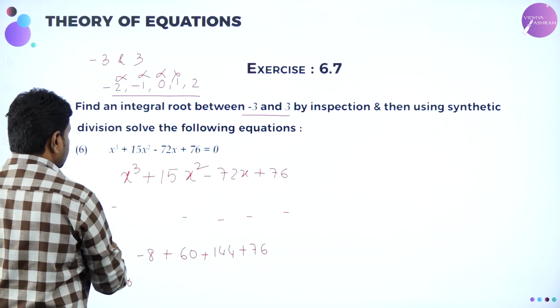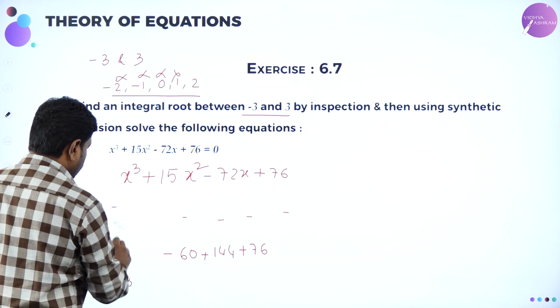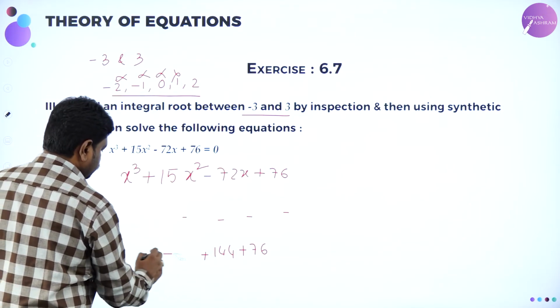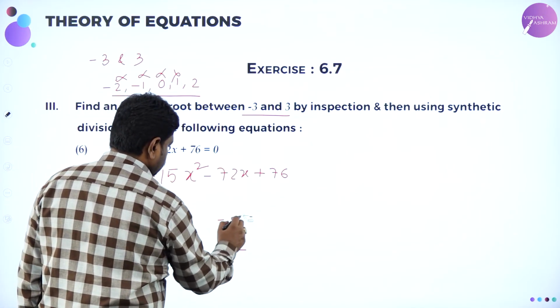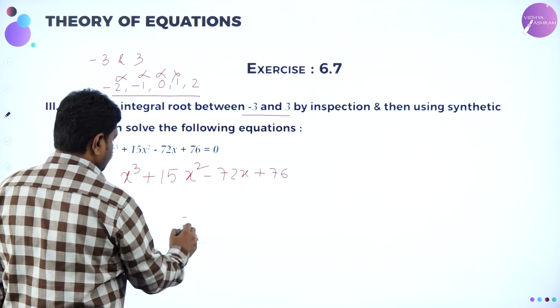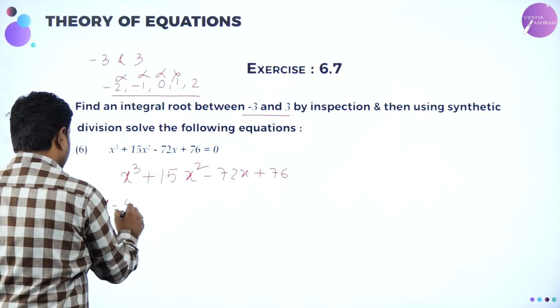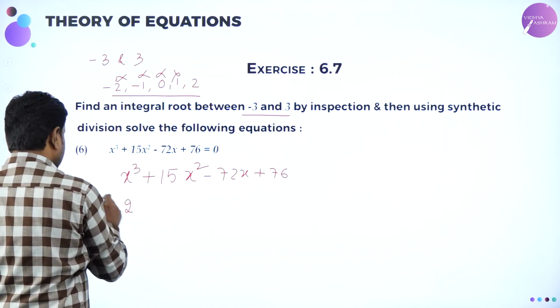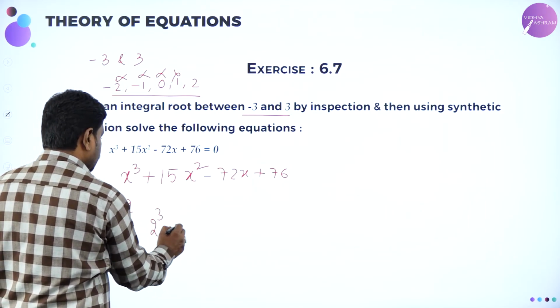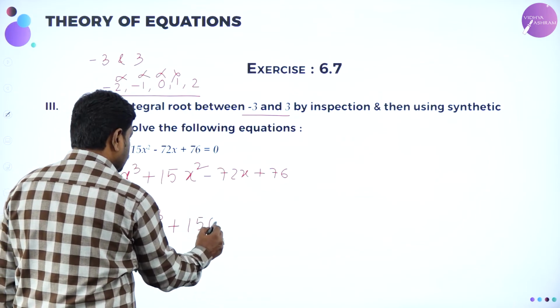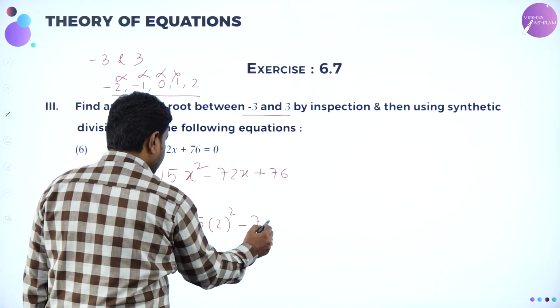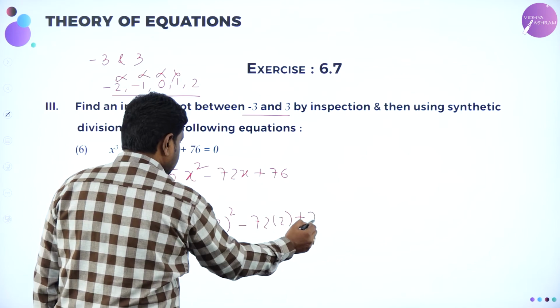Try what? 2. So take the LHS and put 2 in it. So x is equal to 2: 2 cube plus 15 into 2 square minus 72 into 2 plus 76.